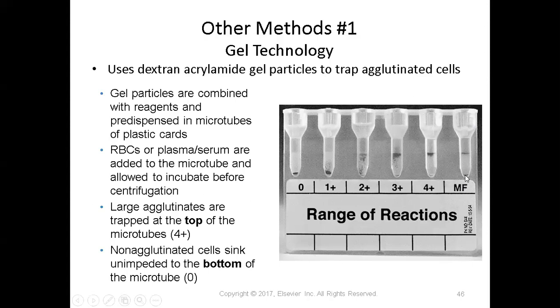And so we just learned that with AHG, whenever we have a negative, we have to add the check cells, and the check cells are coated with human IgG. So when we add the check cells into the system, they're going to agglutinate with the AHG, and so they might be on top. Okay, so usually mixed field means two populations of cells are present, and one population of the cells is reacting, and the other population of cells is not. Okay, so that's mixed field.